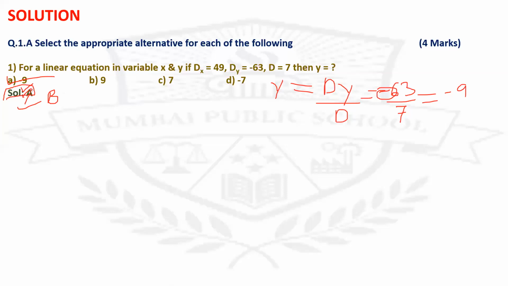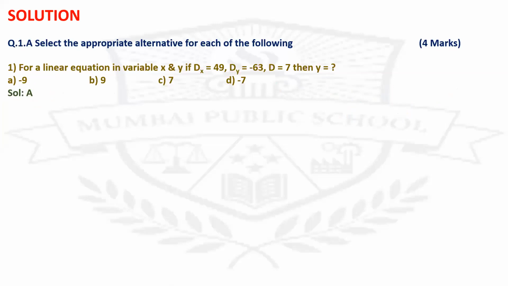If you erase A and still write B, you will not get marks. So for these multiple choice questions, you have to be very careful. Understand that the marks will be given only for the first attempt. So when you are going to pen down the solution, you have to be very careful. Is this clear to all the students?